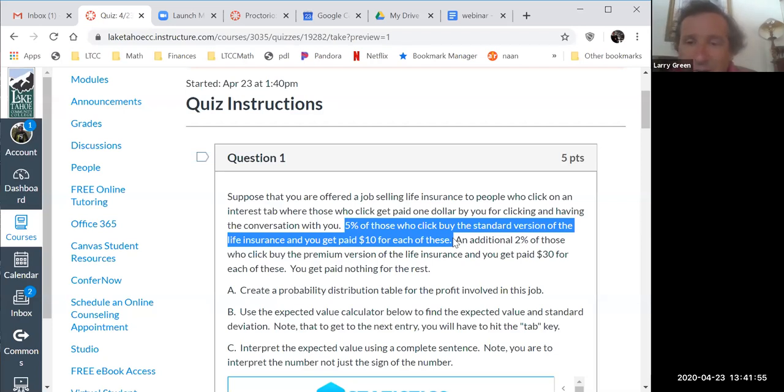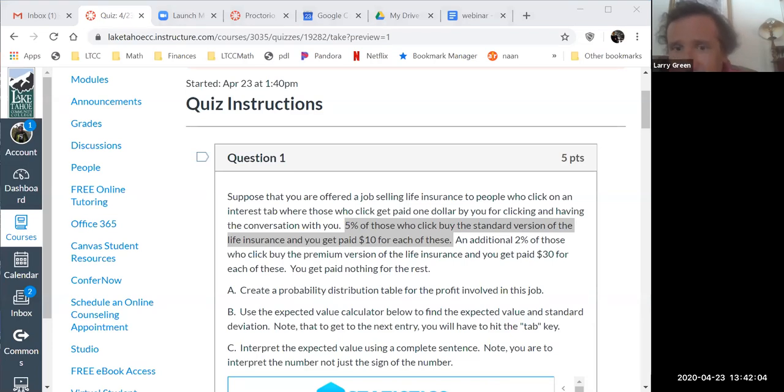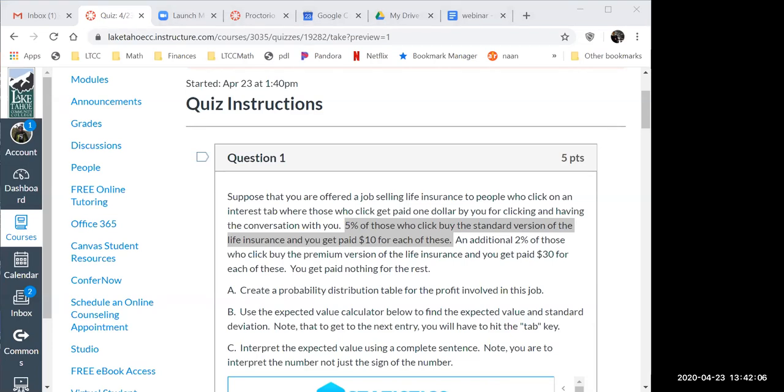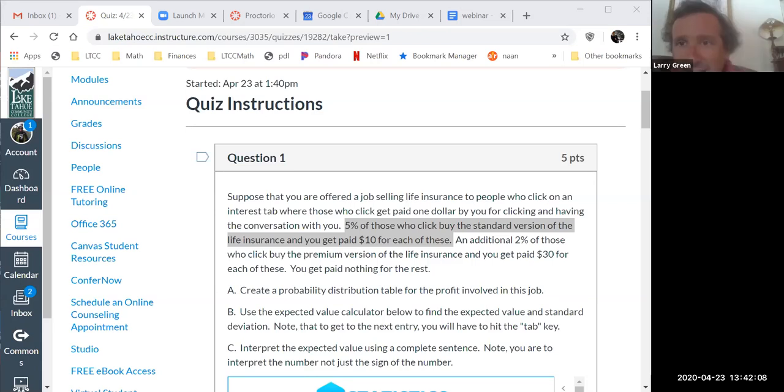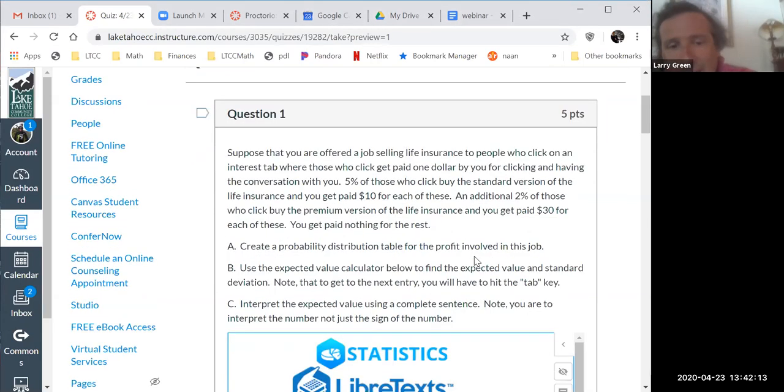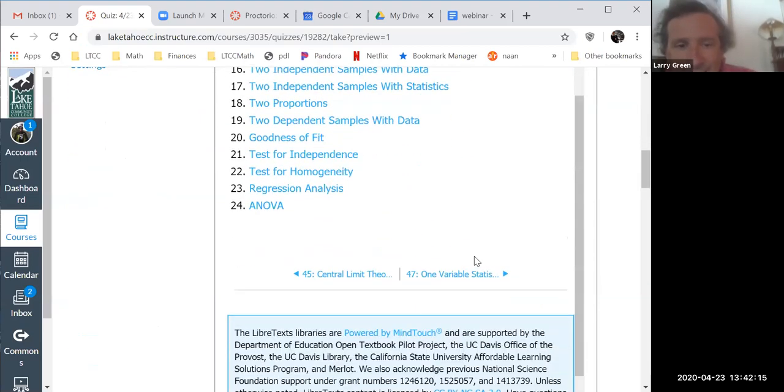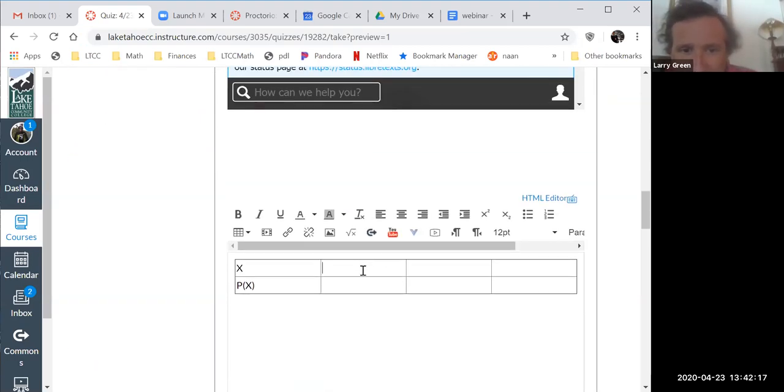How much money are you profiting? $9. Yeah, it's $9 because you get 10, but you pay $1, right? Just when they clicked, you had to give them $1. So our profit is $9, and that's the first X.